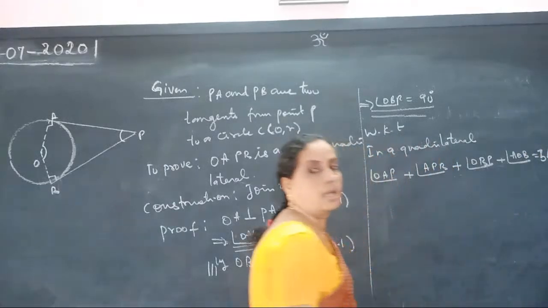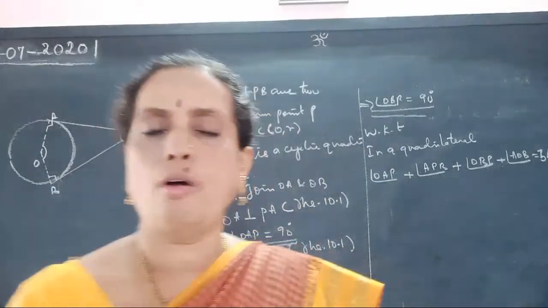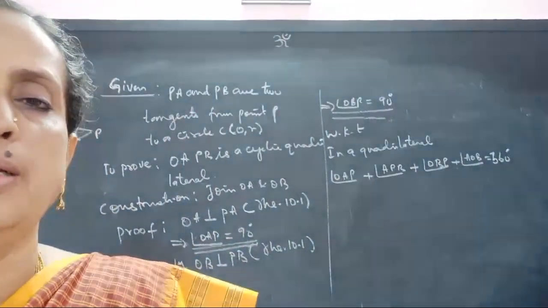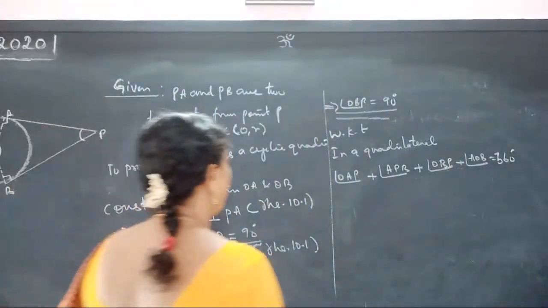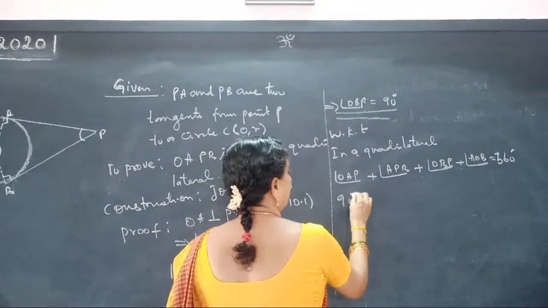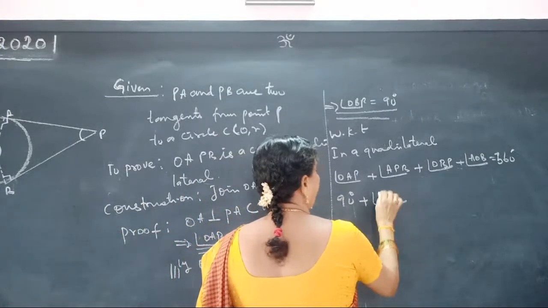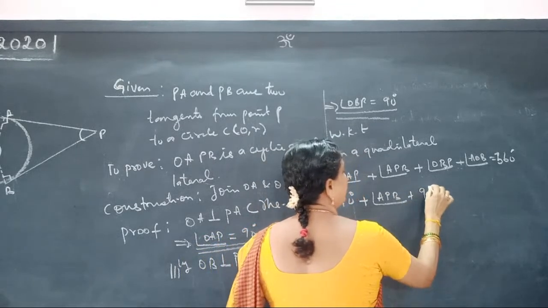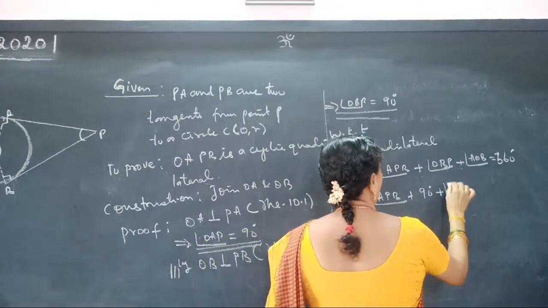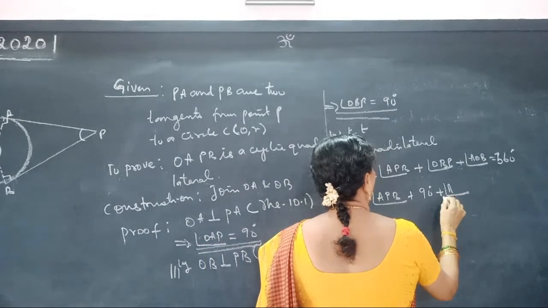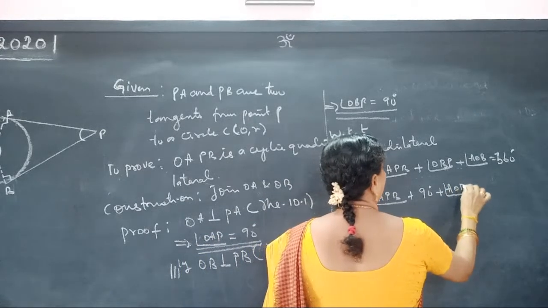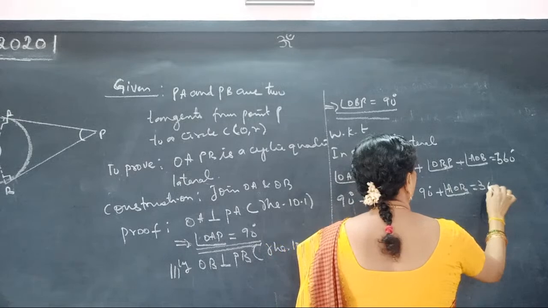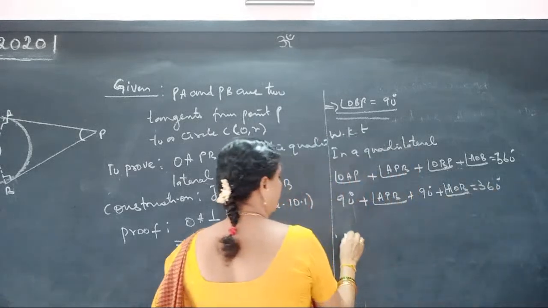This is the angle sum property of a quadrilateral. Clear? But OAP is 90 degrees, APB we have to show, angle OBP is 90 degrees, AOB we have to combine, equals 360 degrees.